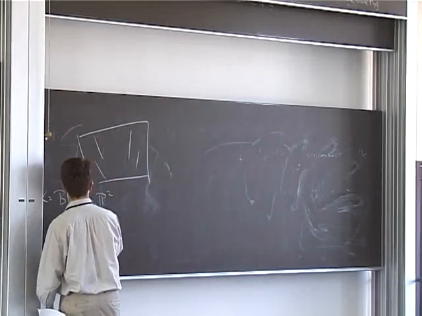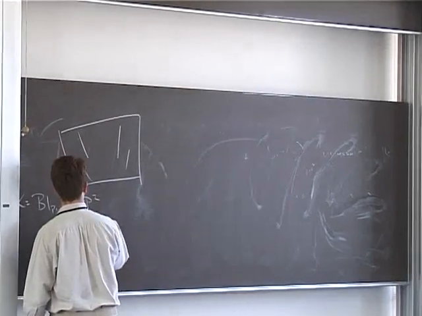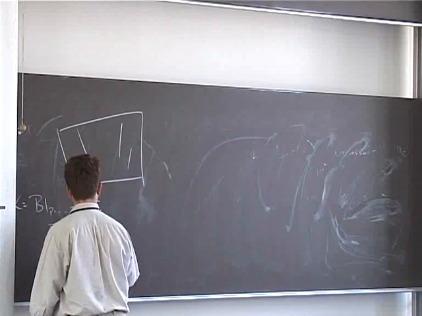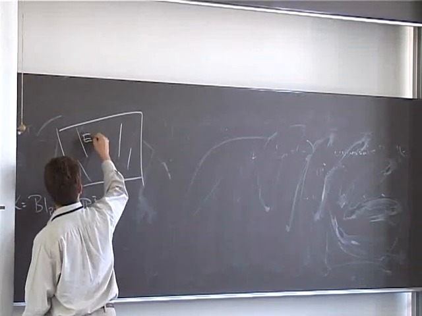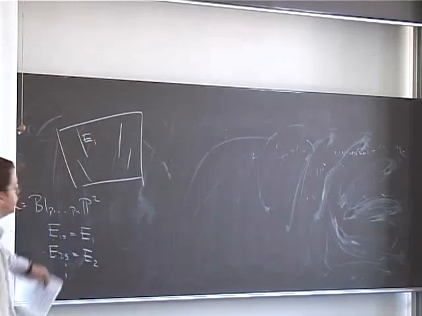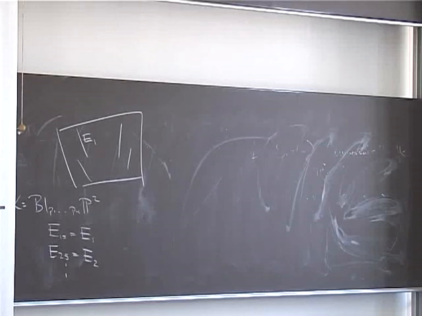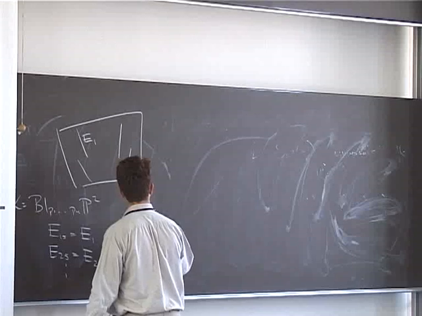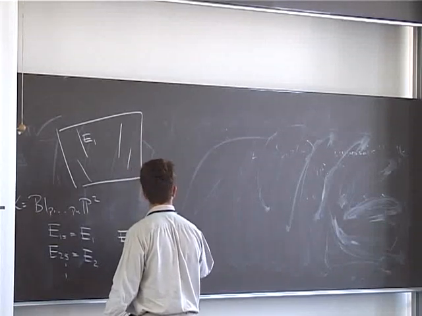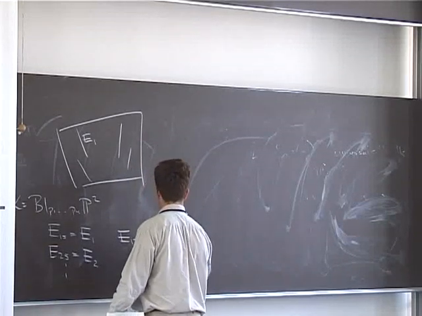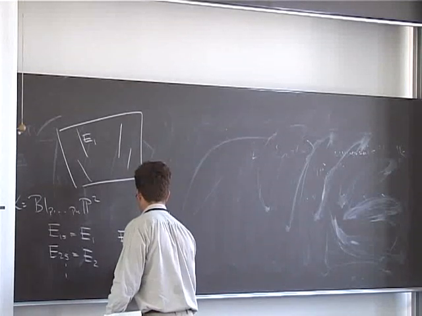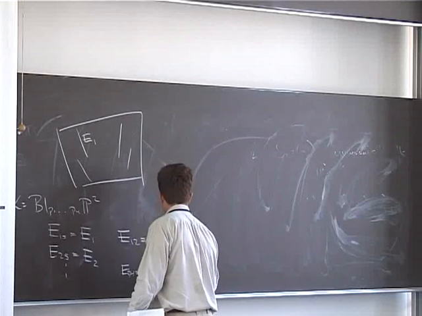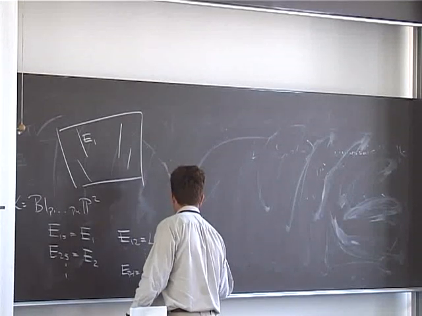So I let E1 through E4 denote the 4 exceptional divisors, and I use this notation for the proper transforms of the lines through pairs of the points.